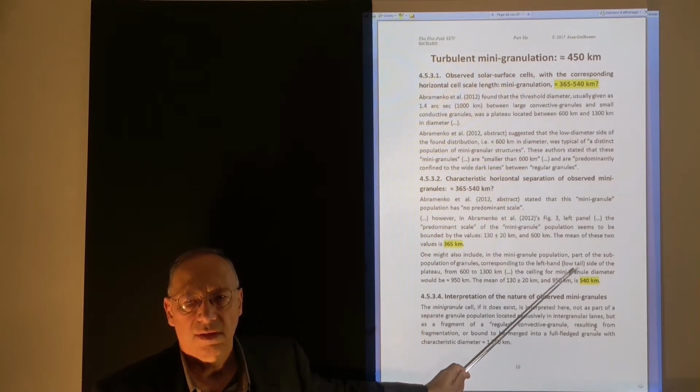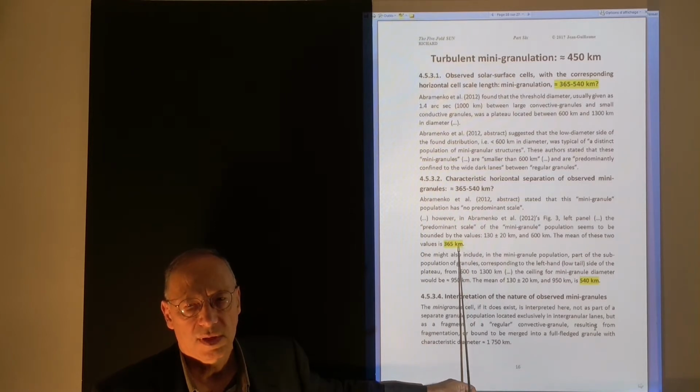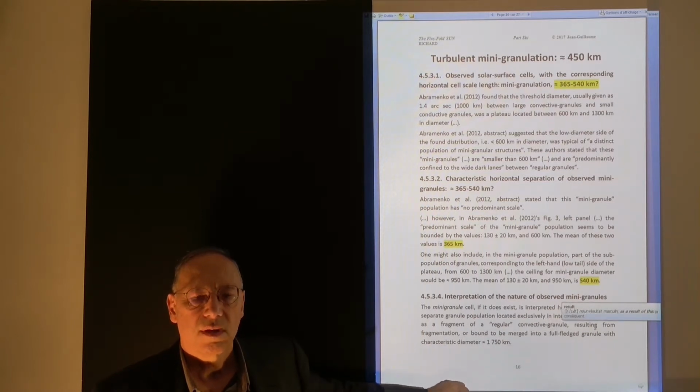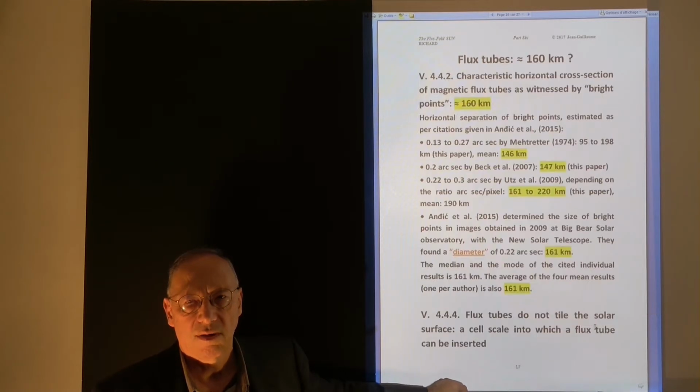From their data, it is found in our meta-analysis that there might be two relevant characteristic sizes for these mini granules, perhaps 365 kilometers, perhaps 540 kilometers. So we put the characteristic value at a mean of these two bounds, which is about 450 kilometers.